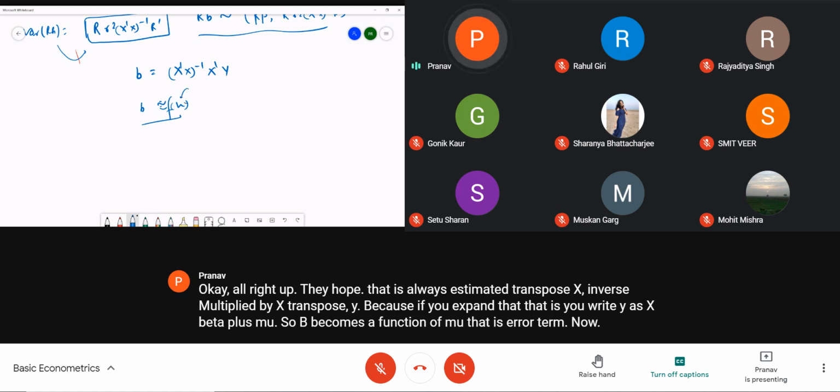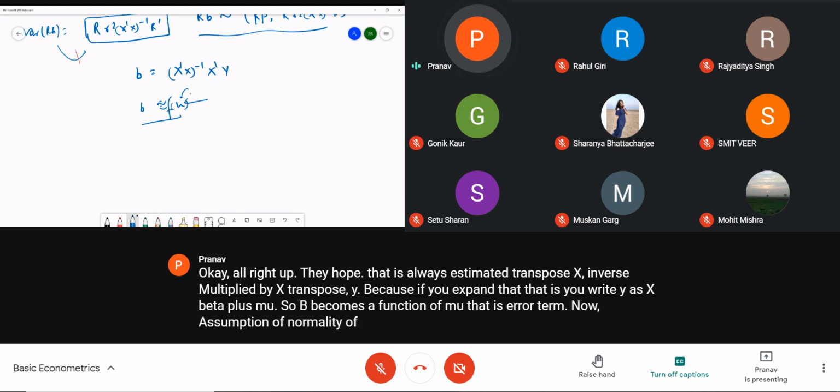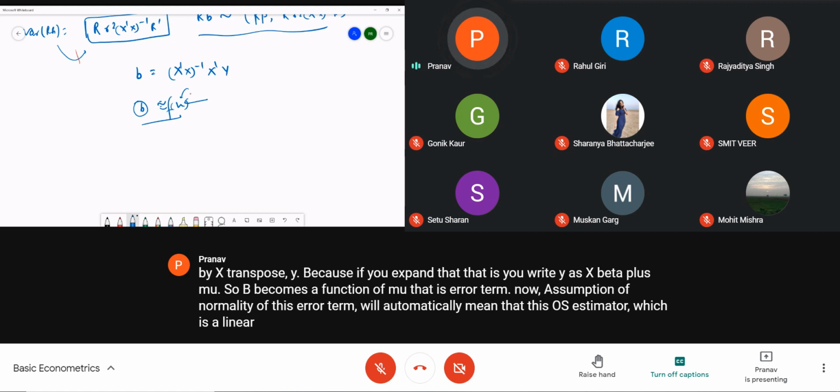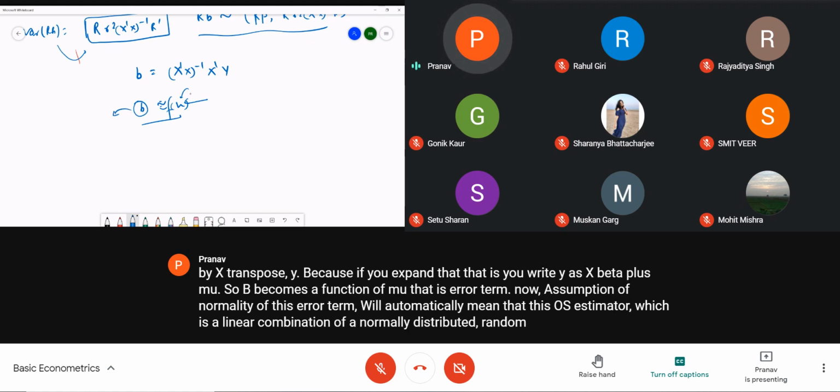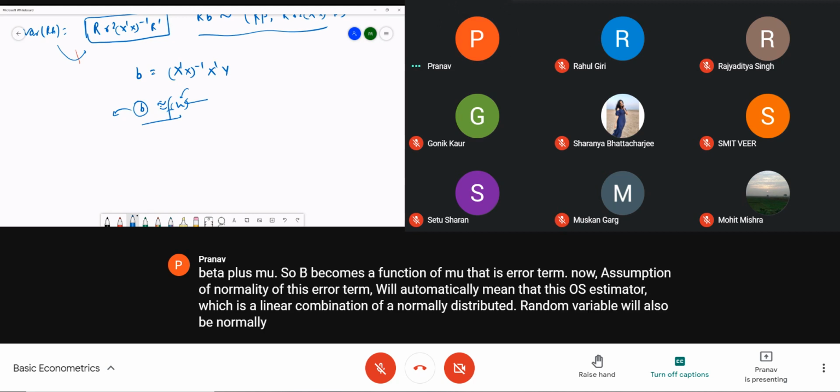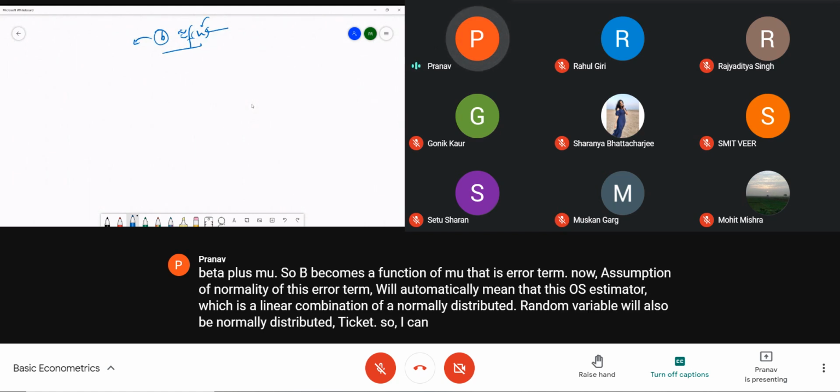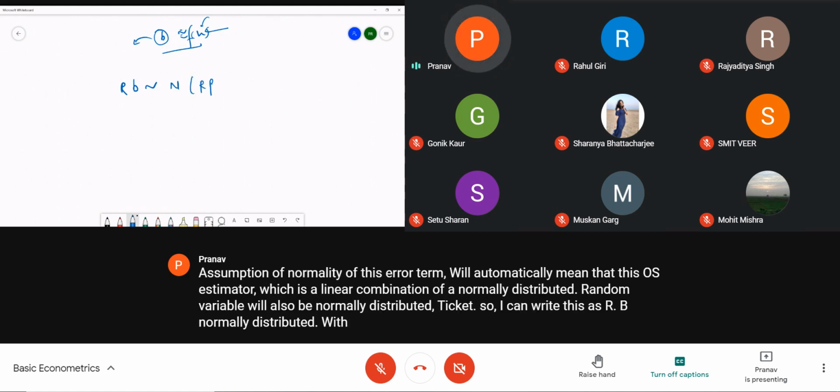Now the assumption of normality of this error term will automatically mean that this OLS estimator, which is a linear combination of a normally distributed random variable, will also be normally distributed. Okay? So I can write this as Rb normally distributed with mean R beta and variance given as.